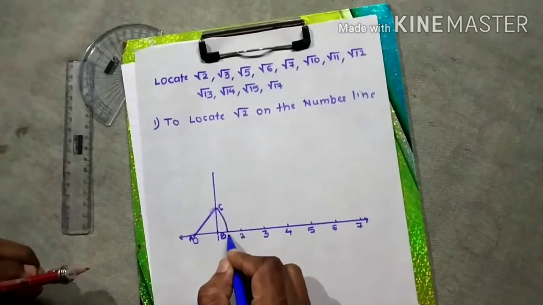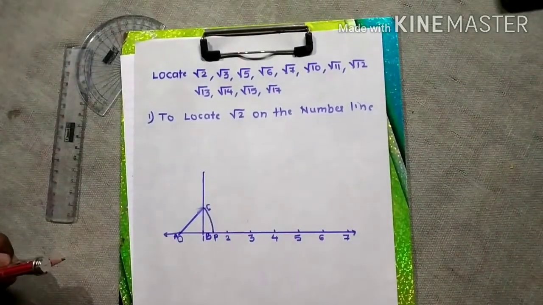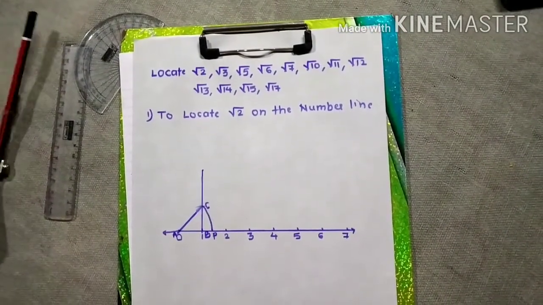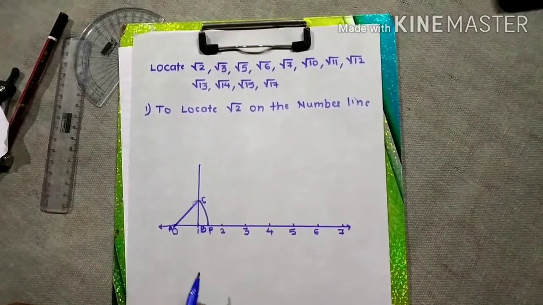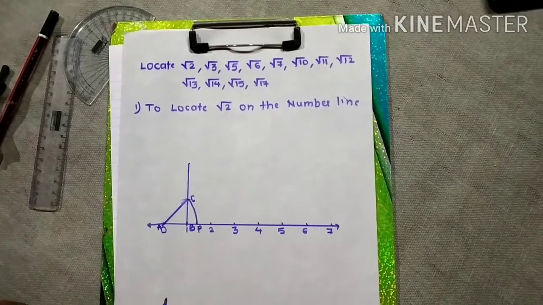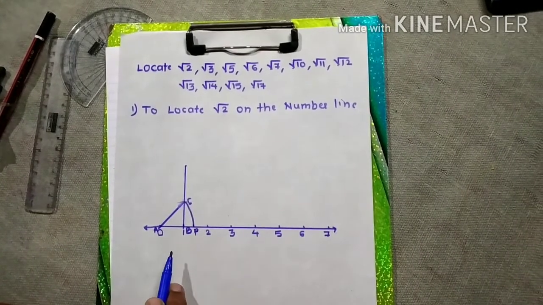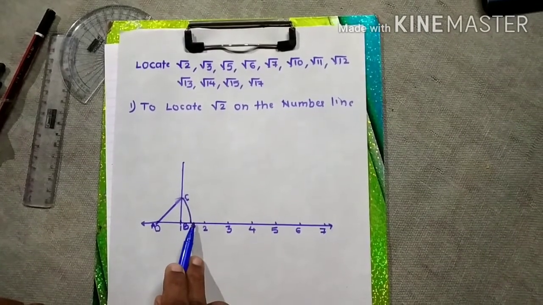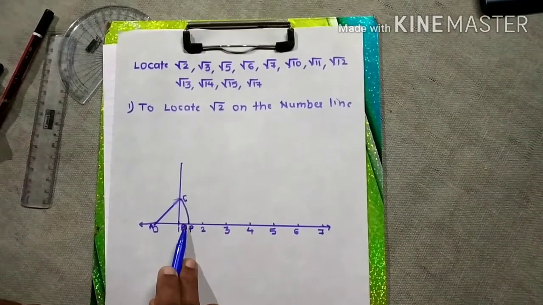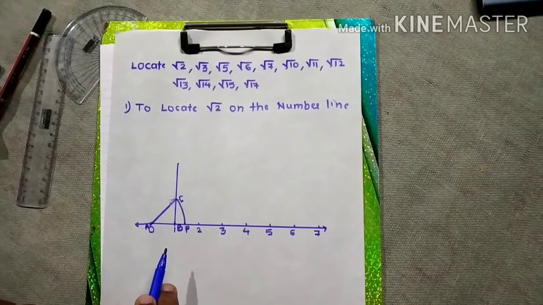Let us give name for this as P. Initially I said that value of root 2 is 1.41. So this 1.41 comes between 1 and 2. Here if it is 1.5, here no, then it is a 1.41 value.